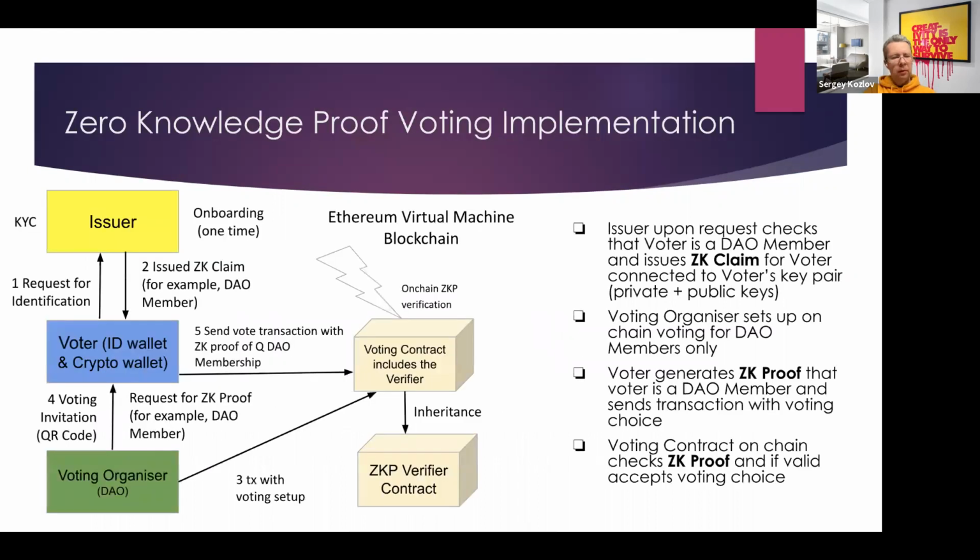That's an example of implementing zero-knowledge proof technology with a voting system. That's what our company did for one of our clients. We have an issuer, and we have the voter, that's an address, the prover who votes for something.